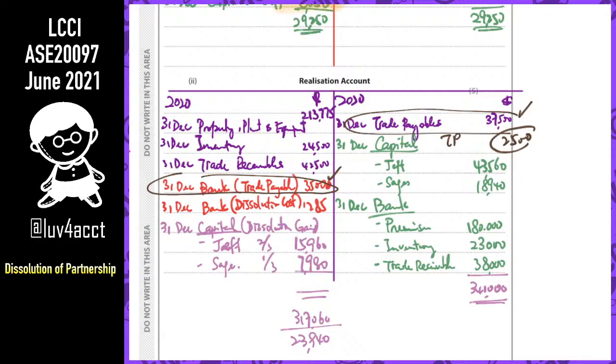But then we have one negative item. We have assets taken over here, and also the dissolution gain, realization gain. 43560.